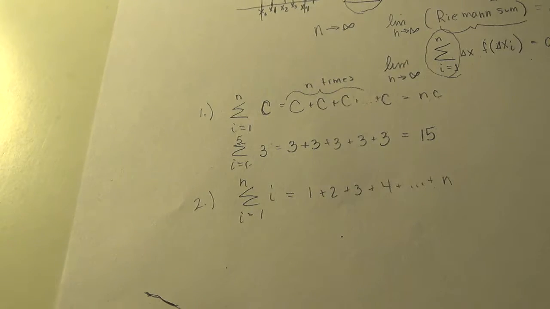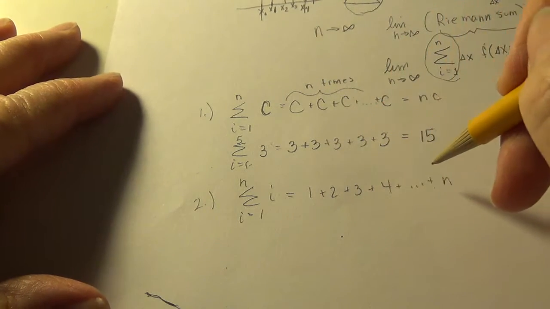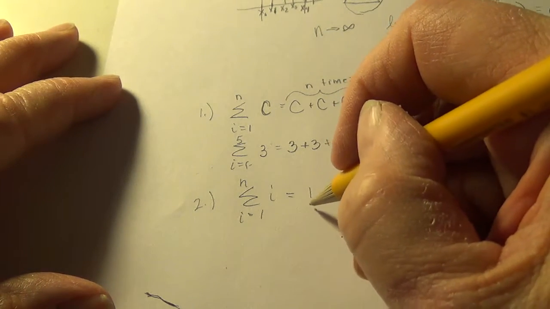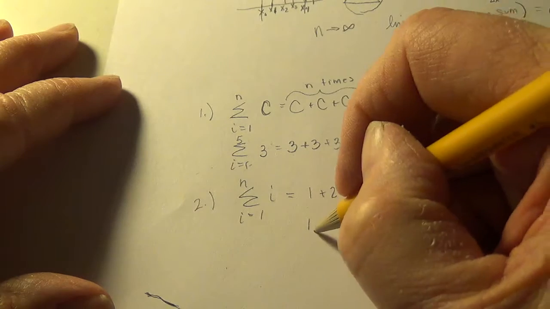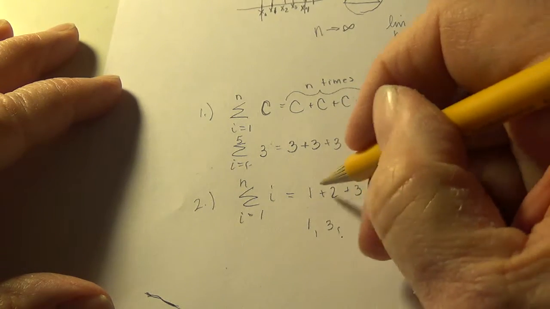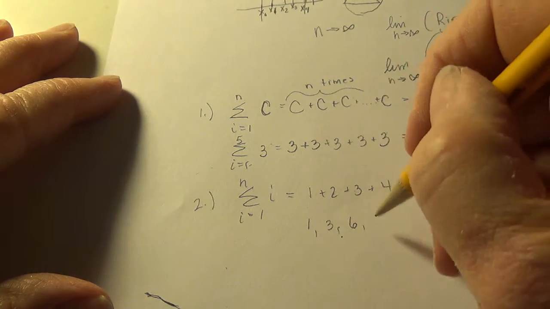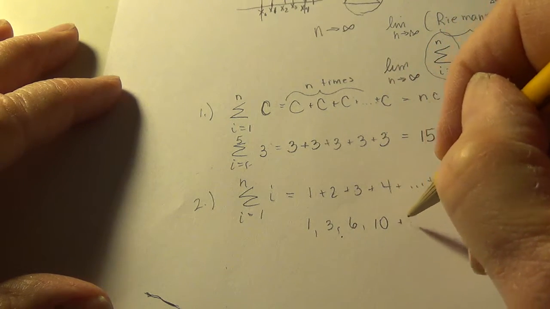There was a time when we wrote them out. Like 1 would give us 1, then the next one would give us 3, then 6, then 10, etc.